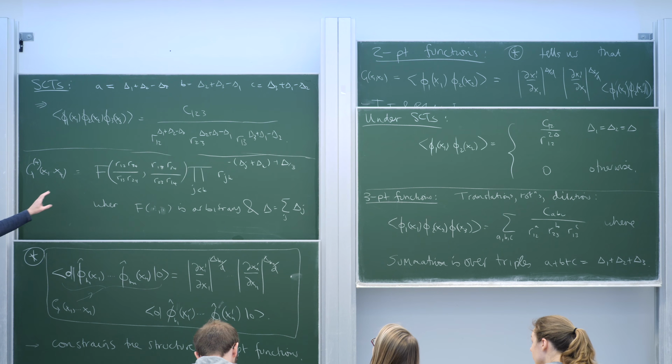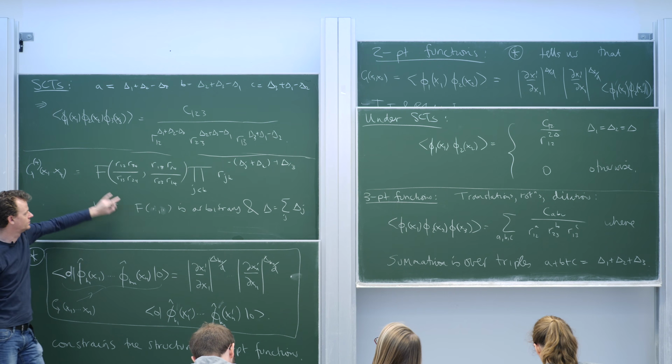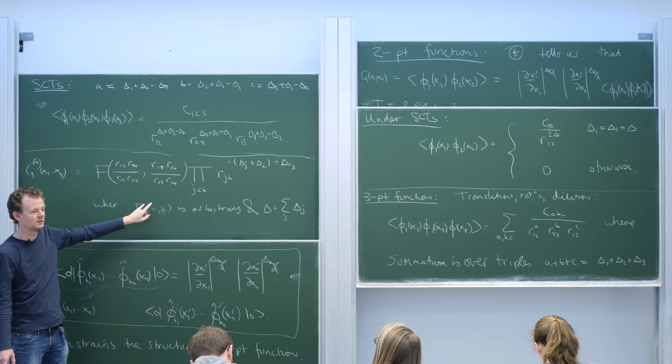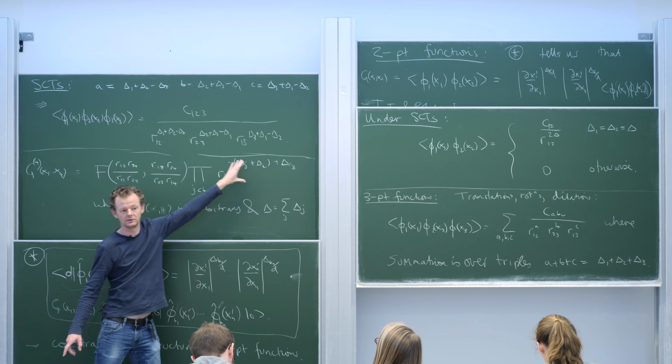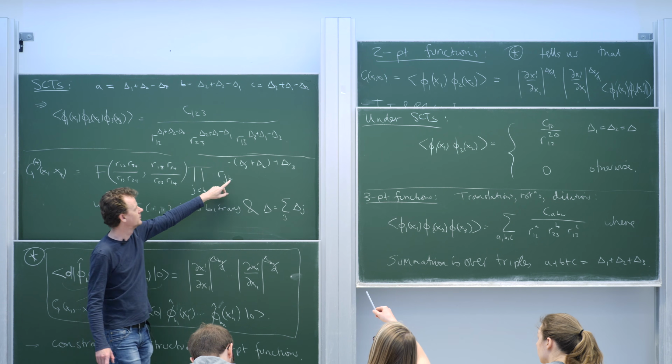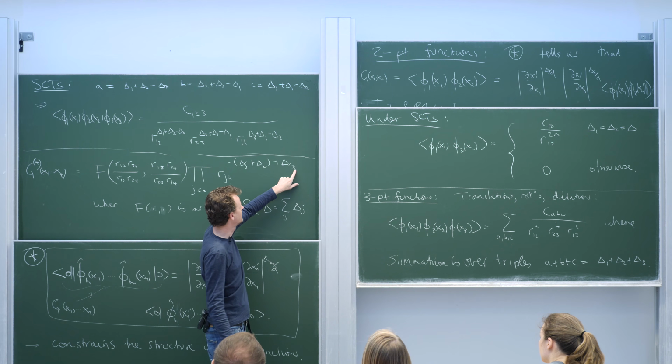So there's no constraint on what this f looks like. It's just an arbitrary two-variable function. But once you know it, then everything else is completely determined. What's the index on the last delta? Delta, that's not an index, that's delta divided by 3.